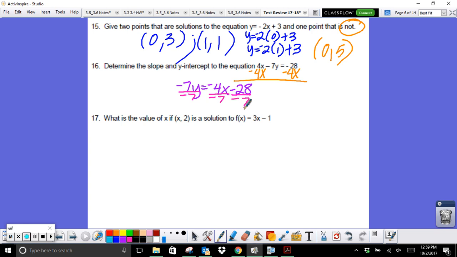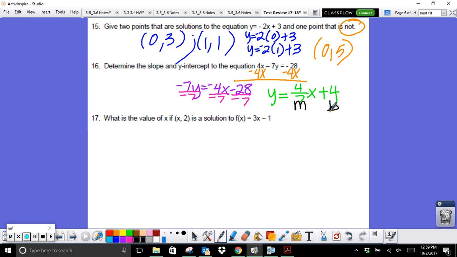This is a review problem here. So I have y equals -4 divided by -7. That's just going to be 4 over 7x. -28 divided by -7 is +4. So the slope here is 4 over 7, and the y-intercept would be 4.